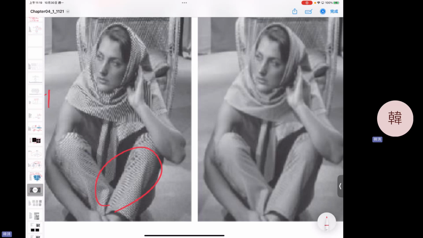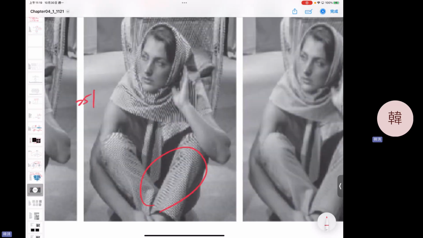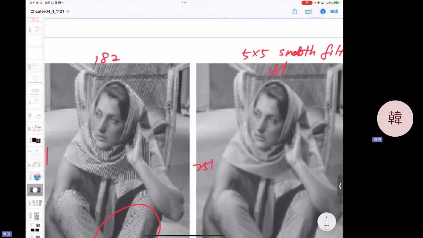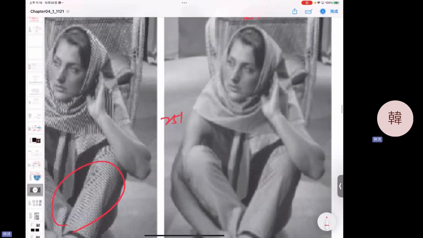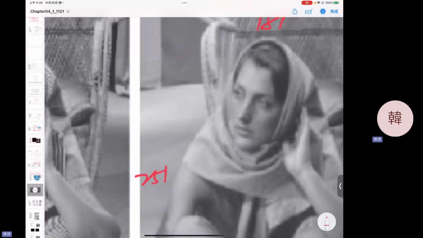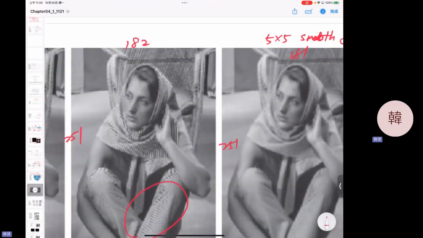This also gives a small size, 251 by 182, but there's no aliasing effect there. But obviously, look at the face, it becomes smoother. Okay, blurred for sure, because your low pass filter always has this result.